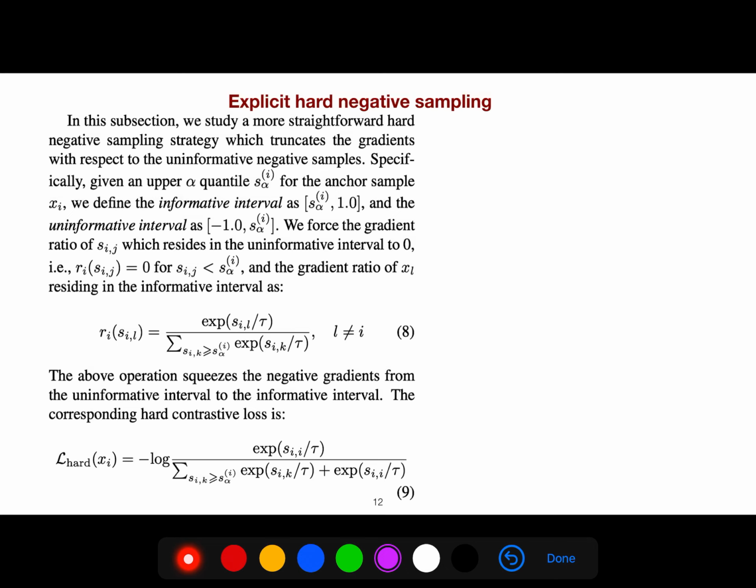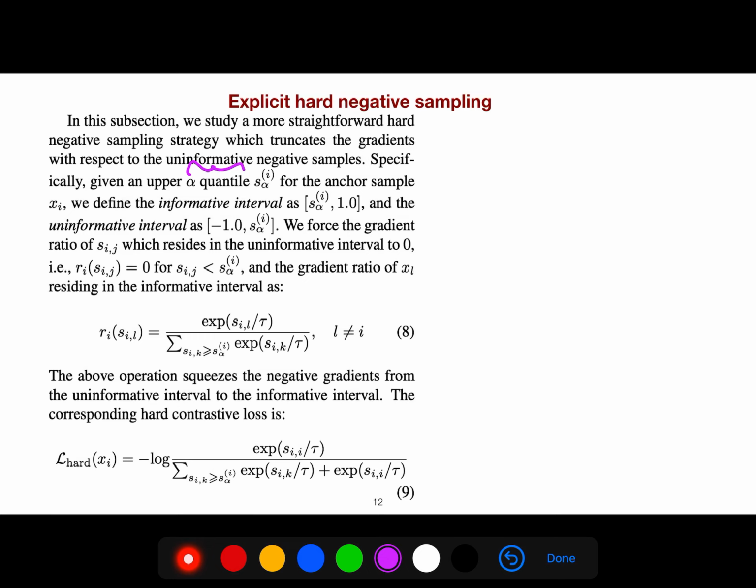And let's talk about explicit hard negative sampling. We study a more straightforward hard negative sampling, which truncates the gradients with respect to uninformative negative samples. Specifically, given an upper alpha quantile for the anchor sample, we define the informative interval and the uninformative interval.